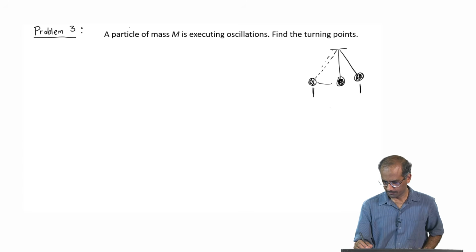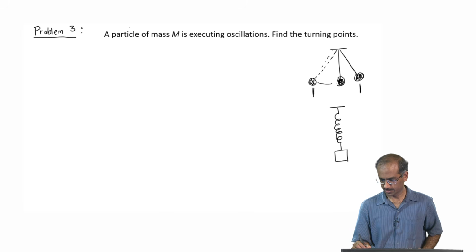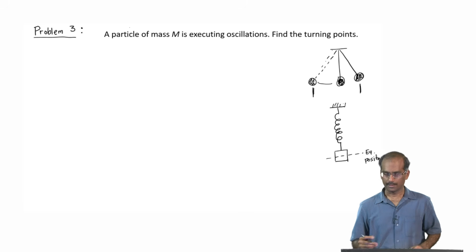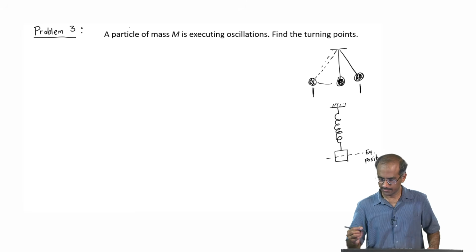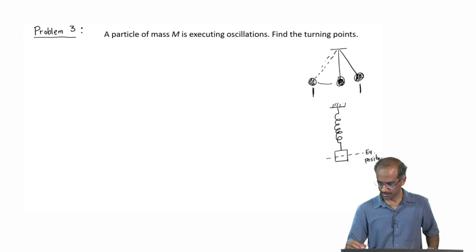For instance, if you think of this as a mass that is oscillating from a spring which is tied to a rigid support like this, and let us say that this is its equilibrium position, and once you give it some oscillation, you are giving it some energy, and consistent with the total energy that you have given, it would go up and down, and let us say that this is the point where it goes up and this is where it goes down.